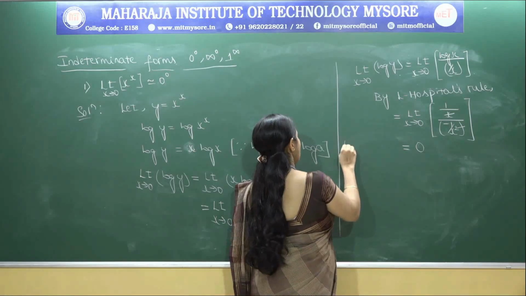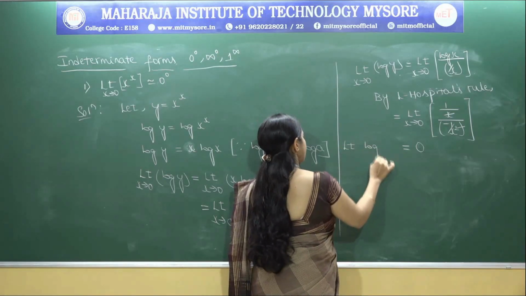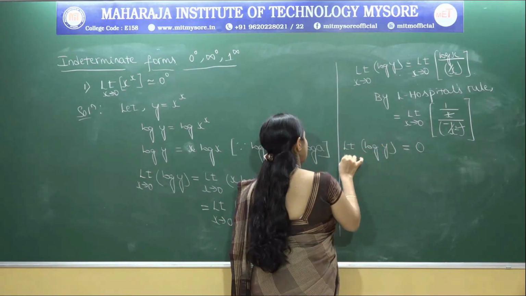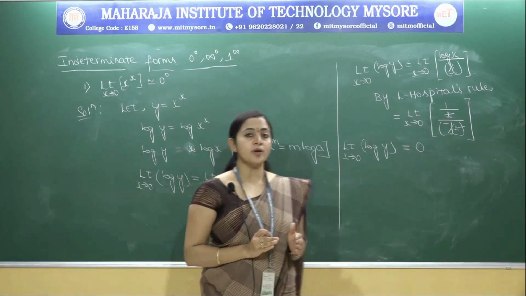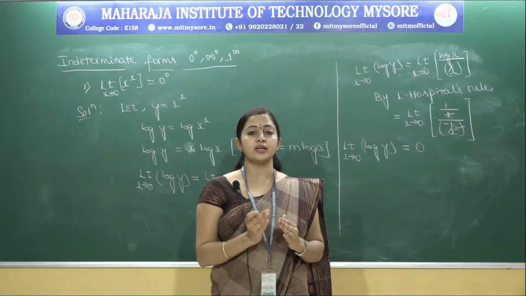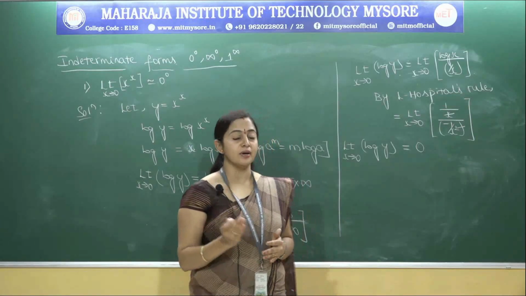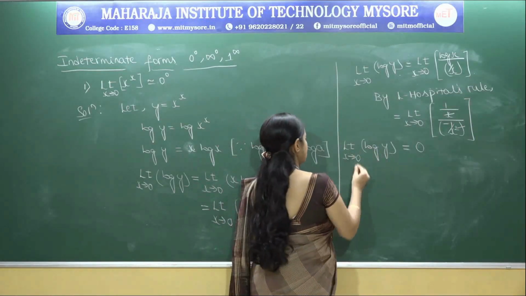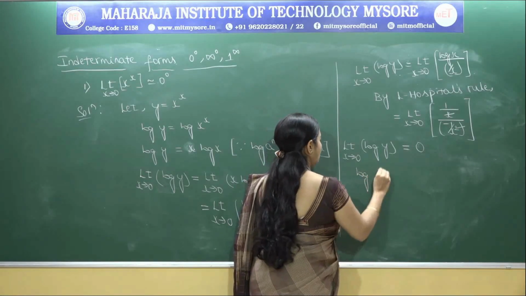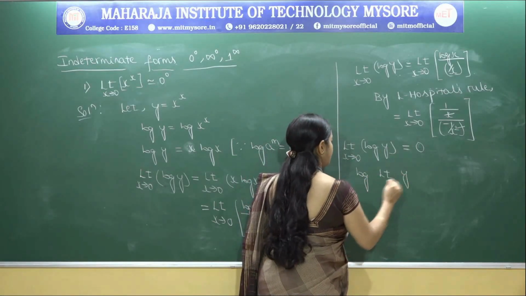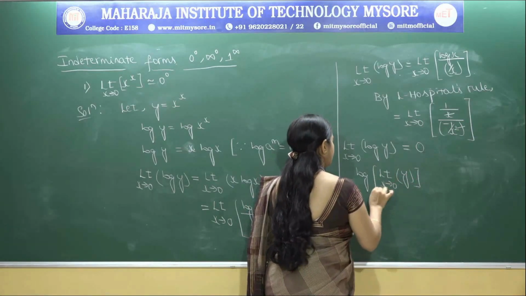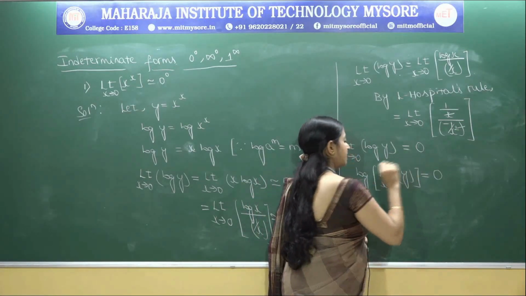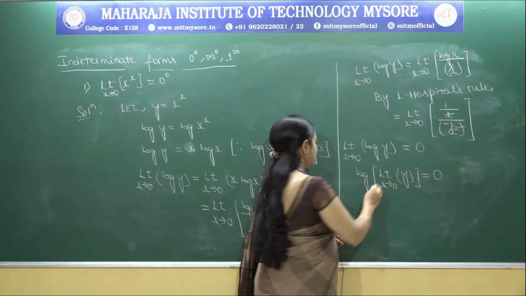In the LHS part you have the limit of log y as x tends to 0. Since you have the property that the limit of log can be written as the log of the limit, you can interchange these two. You can write log with limit of y as x tends to 0 equals, you got the answer as 0.